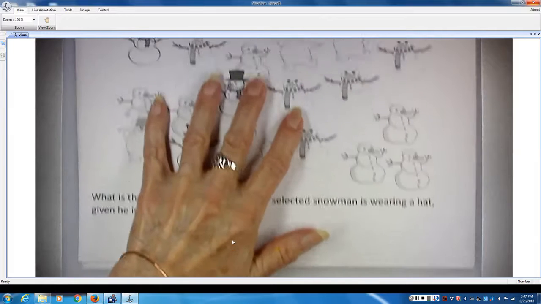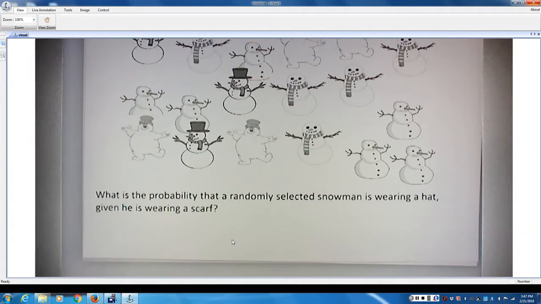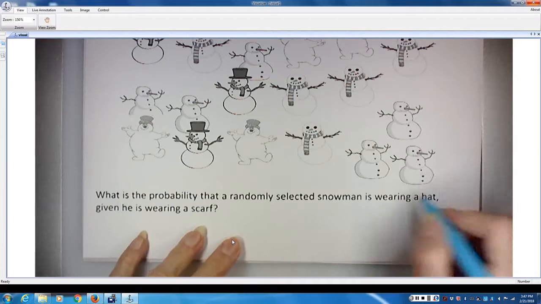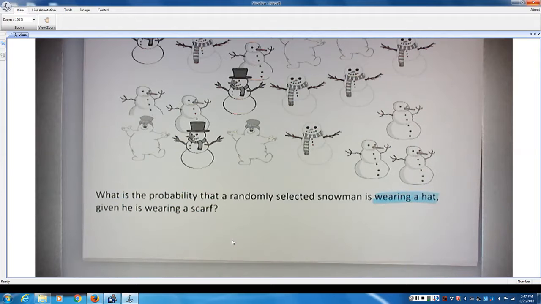What's the probability that a randomly selected snowman, oh good, we're back to 1, is wearing a hat given that he's wearing a scarf?